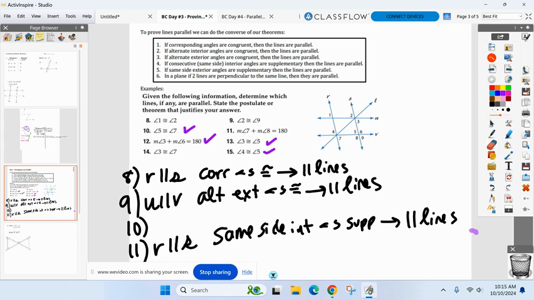Should we go to same side? 9? Did we do 9? Yeah, we have to do 13, 15. All right, we're going to start here in a few. Wait a minute. 12 is interior. Yeah. 3 and 5 is interior.